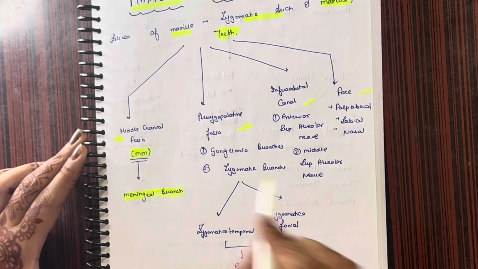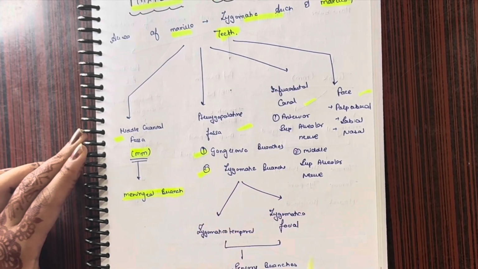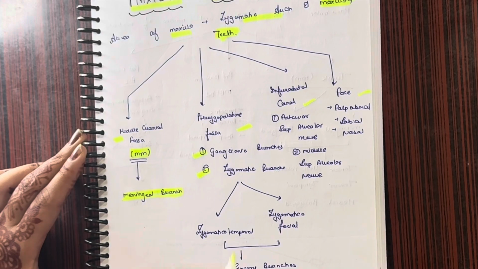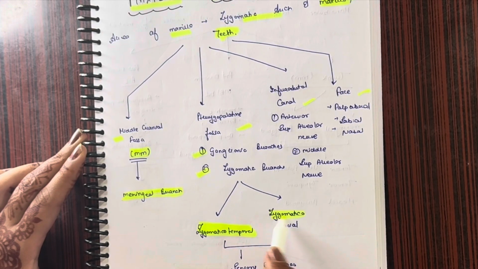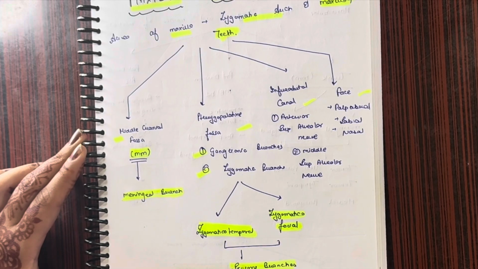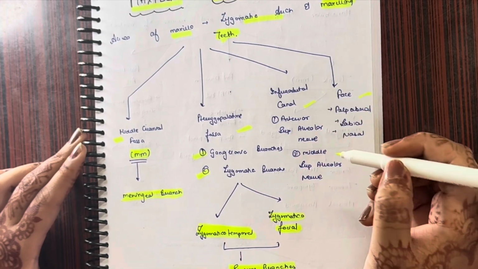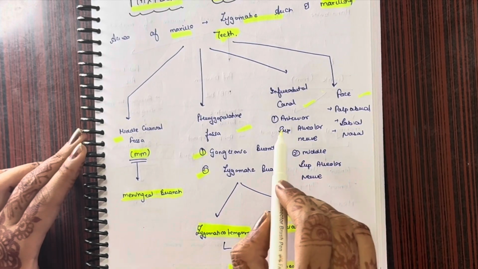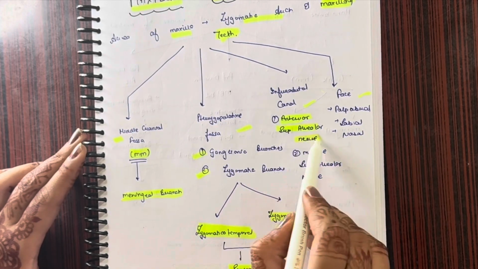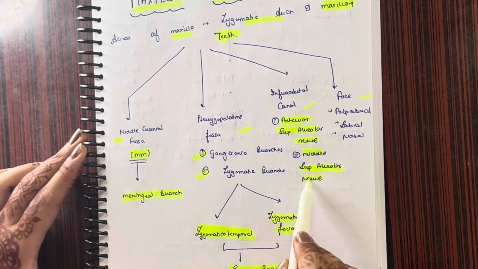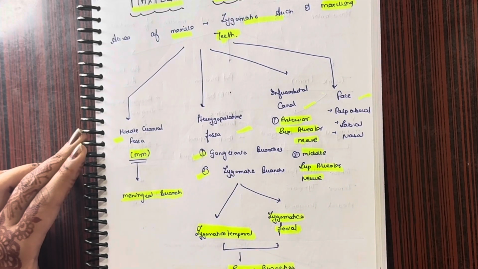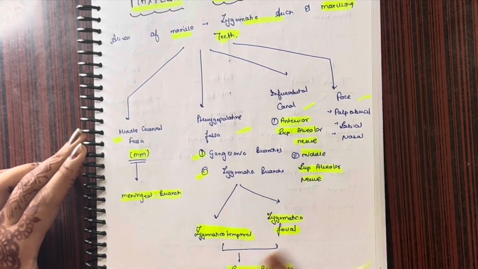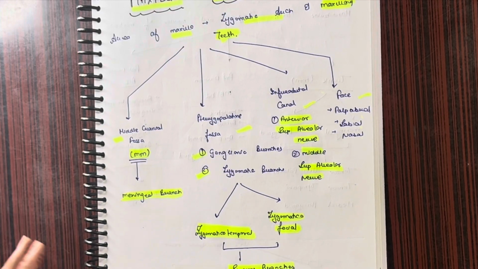Pterygopalatine fossa से दो branches निकलेंगे, ganglionic as well as the zygomatic branches. Zygomatico-temporal, temporal region को जो supply करते हैं, and zygomatic-facial. Both of them are sensory branches. Now, infraorbital canal से जो निकलती हैं, that is important: anterior superior alveolar nerve, middle superior alveolar nerve, and face पे जो supply कर रही है, that is palpebral, labial, and nasal. These are very easy to remember.